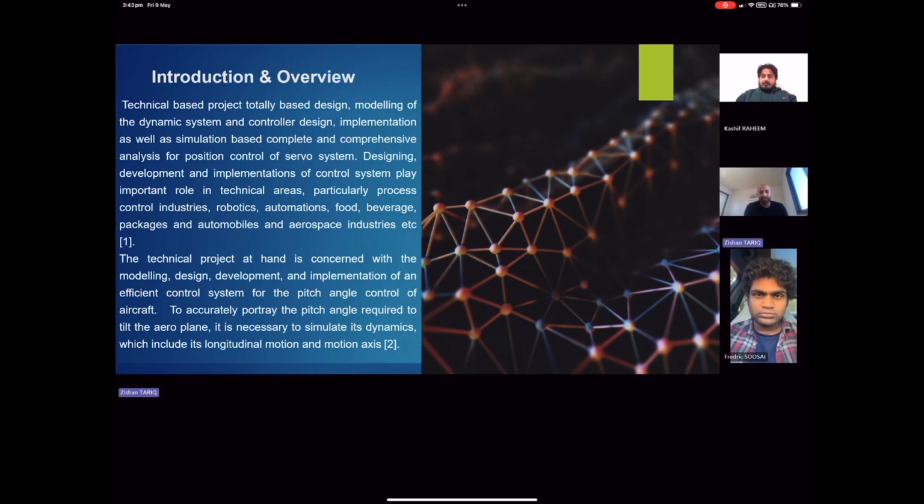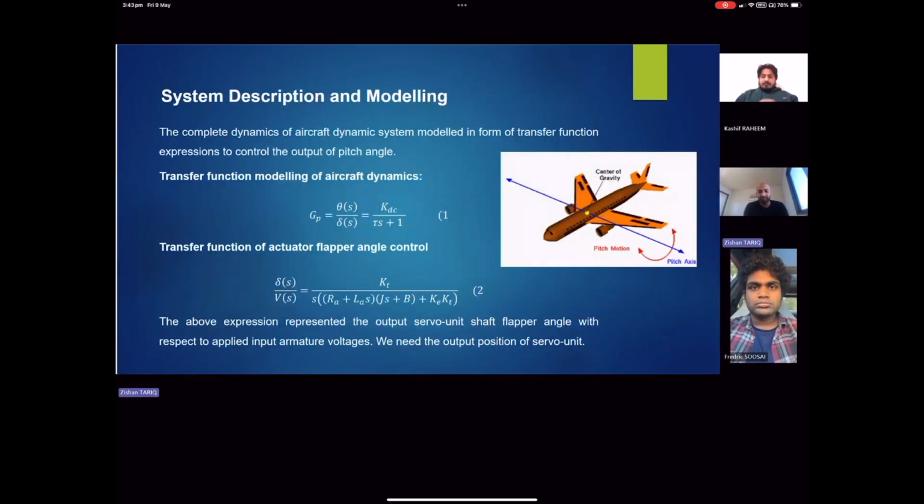So here is the transfer function. The first transfer function is for the aircraft dynamics, that is K_DC by tau s plus 1. Then the transfer function for our actual flapper, which includes the dynamics of the aircraft and the servo system and the complete servo system's output, like its inductor, its resistor, its capacitor, everything.